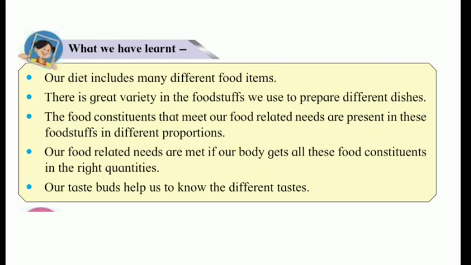Our food related needs are met if our body gets all these food constituents in the right quantities. Our taste buds help us to know the different tastes. And students, we should always remember that our diet should include all kinds of foodstuffs.